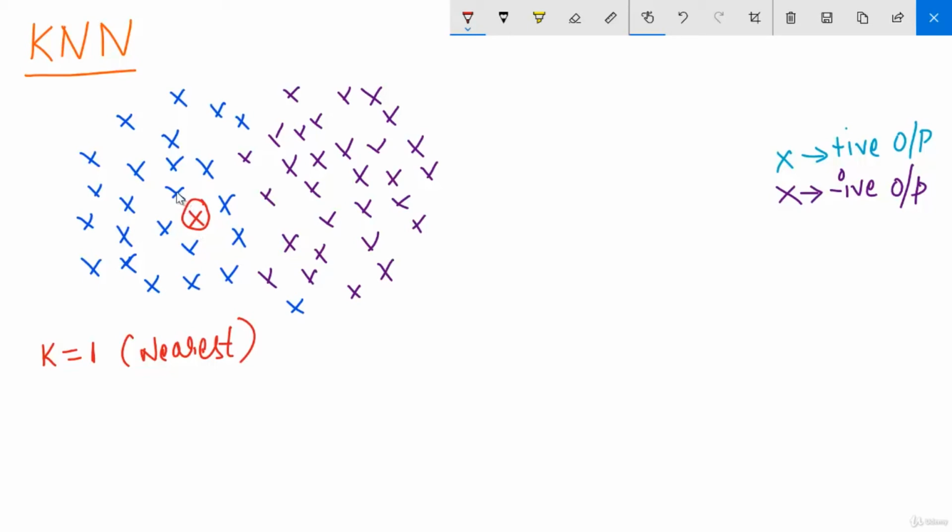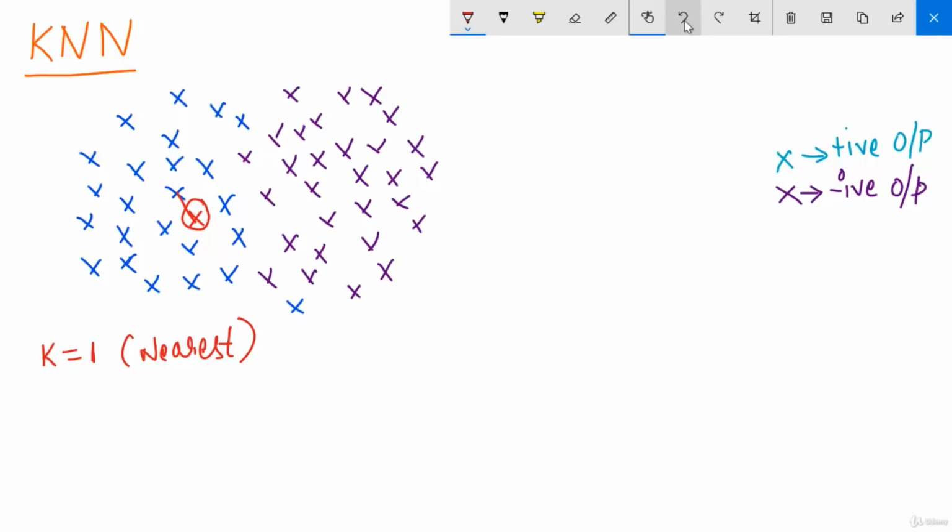You can see here the distance to this blue is this much. Which neighbor is the nearest? I hope you are getting it: k nearest neighbor. So if k is 1, it will look at 1 nearest neighbor. The blue one is the nearest label, and your machine will say that this new point X belongs to the positive output, the positive data set, which is your blue one.